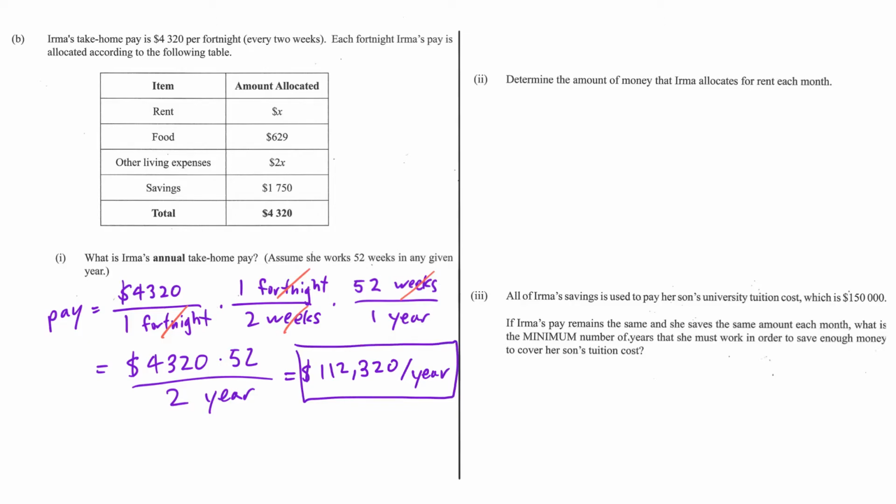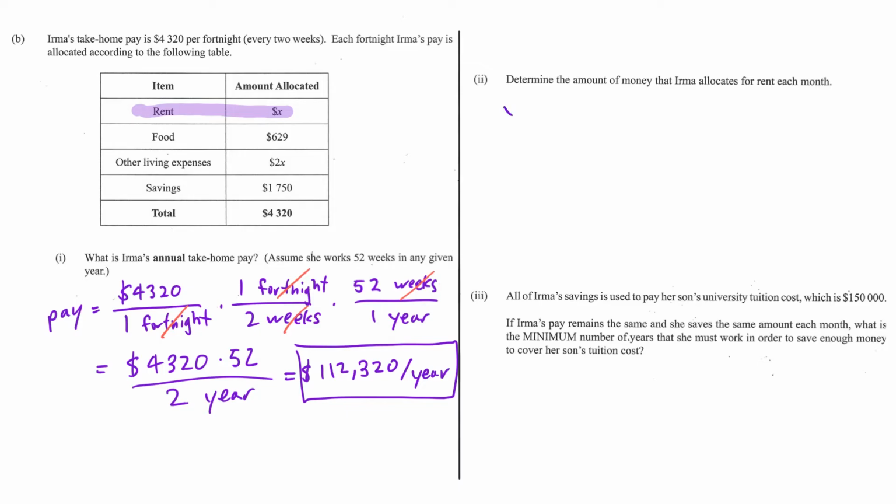In part 2, we're asked to determine the amount of money Irma allocates for rent each month. So if we go back to our table, we see that for rent, she allocates X dollars. So what we need to do is solve for X. And what we know is that the sum of all of the money she allocates has to add up to 4,320.